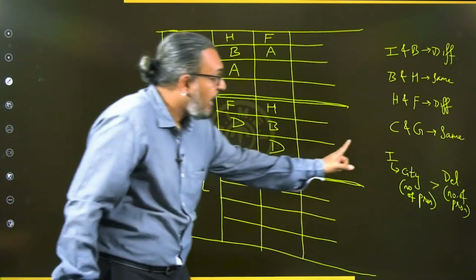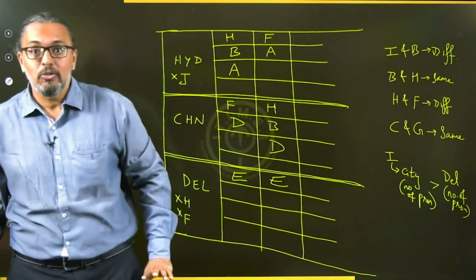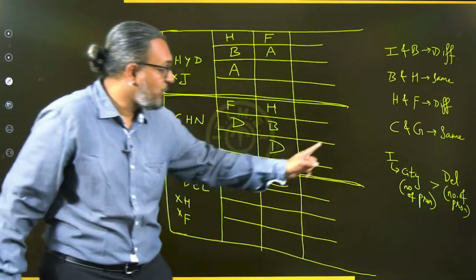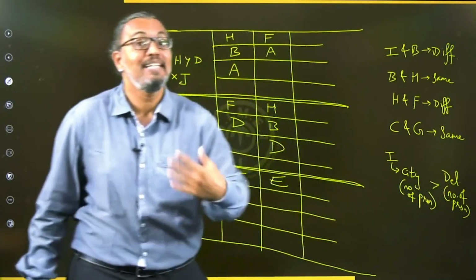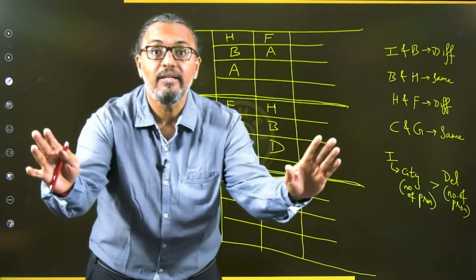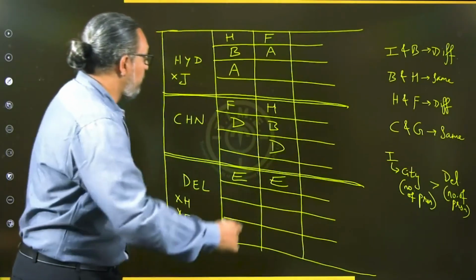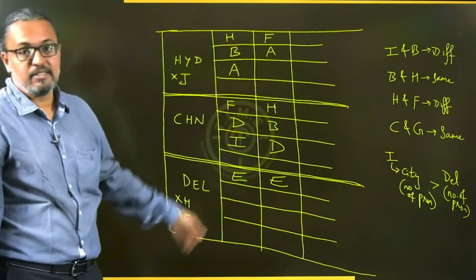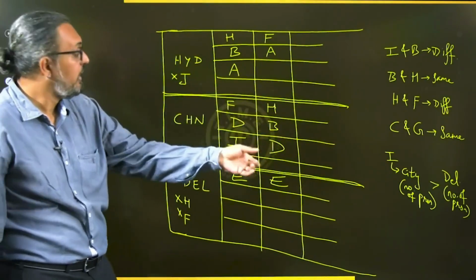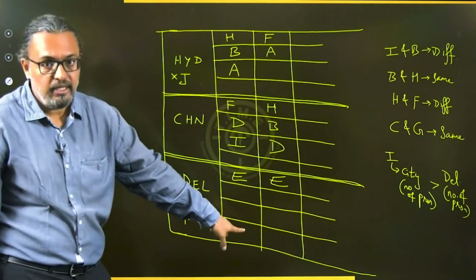Now, can I say I cannot be given Delhi also? Because I should be in a city which has more persons than the number of persons visiting Delhi. So I cannot be in Delhi. That means the only possibility is you fix I in Chennai in the first case, because I and B are from different cities. Now, in the second case, again, I cannot be Delhi. That is for sure.